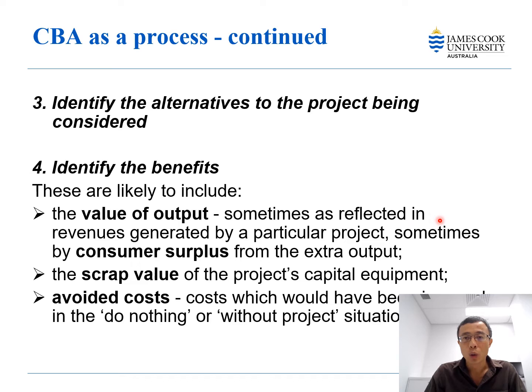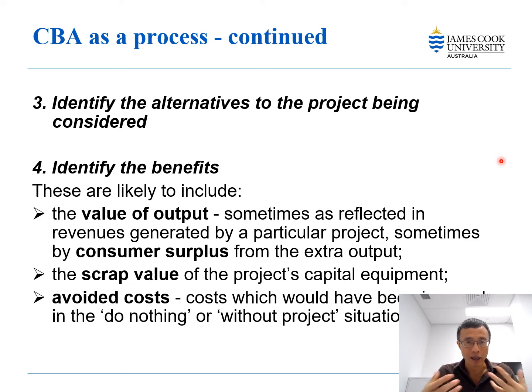Sometimes as reflected in revenues generated by particular projects. Sometimes we measure this by consumer surplus from actual output. Benefits can include scrap values. You finished the project, you sold the capital equipment, and that represents a cash inflow to the project.